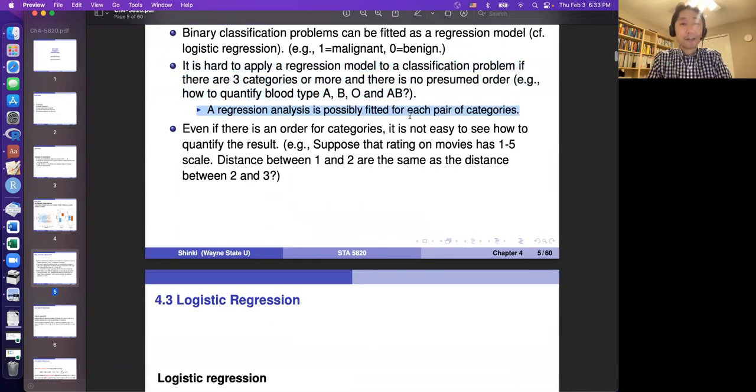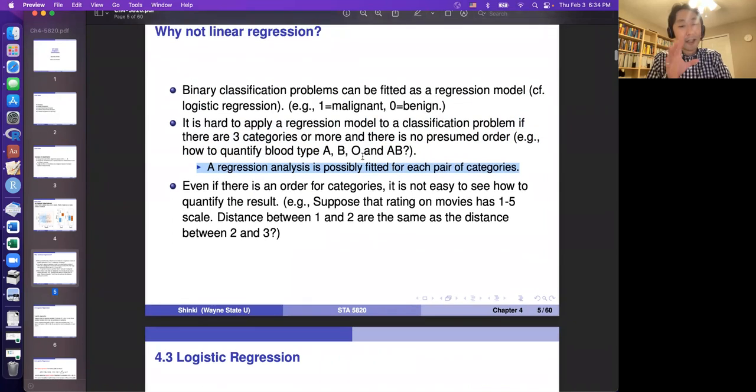Maybe pairwise, we can fit A versus B, B versus O. For example, we have a 26-letter recognition problem. Then we compare A and B, at least. Suppose the letter is either A or B, then what model can we use? Then we can sequentially decide which character is A and which is C, and so on.